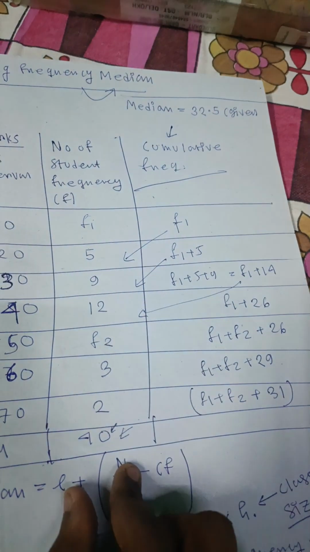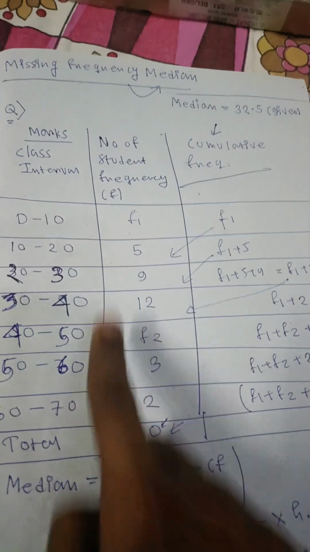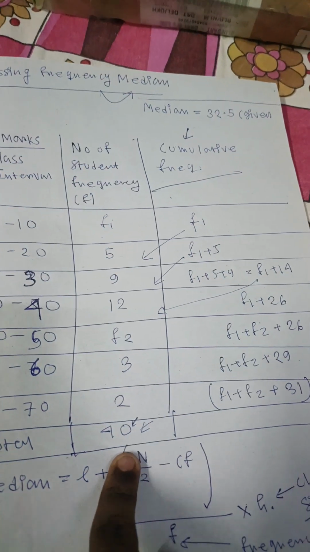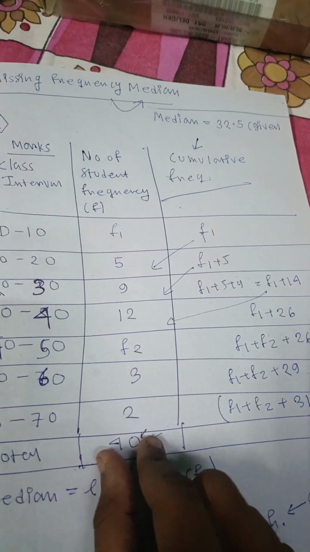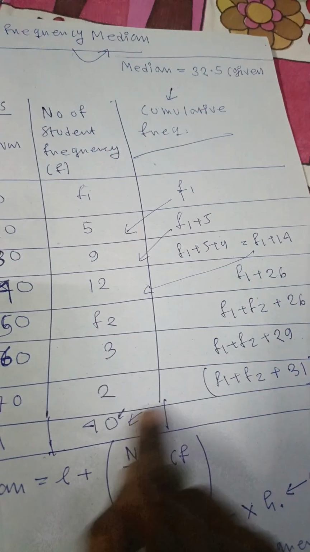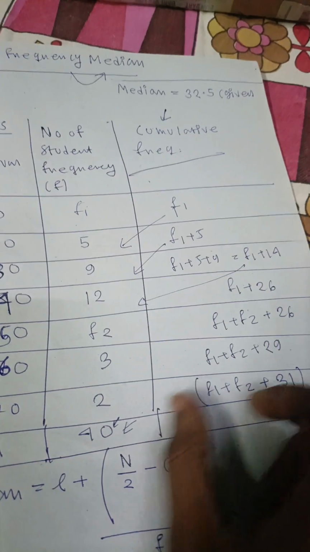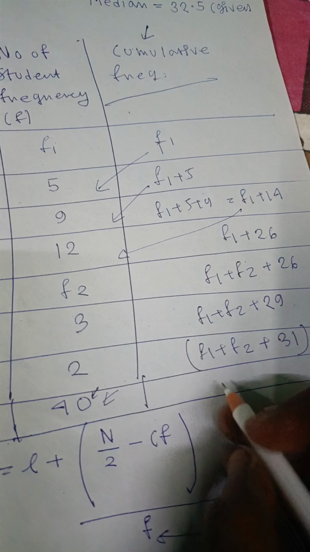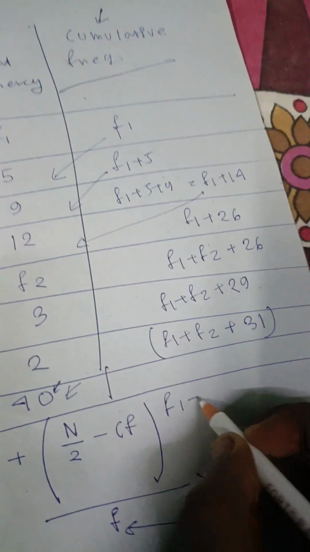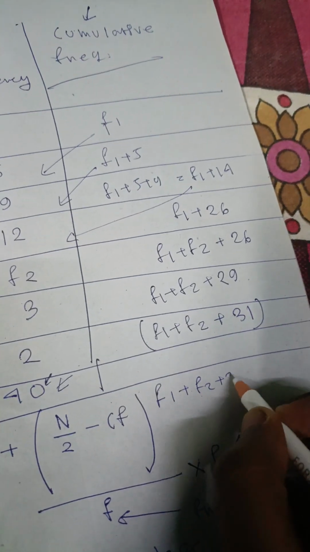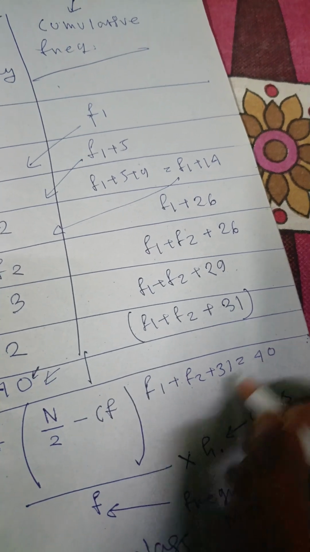So here the total frequency in the question is 40. In your question the total frequency will also be given, so we just have to make both values the same and solve. So what we can write is f1 plus f2 plus 31 is equal to 40.